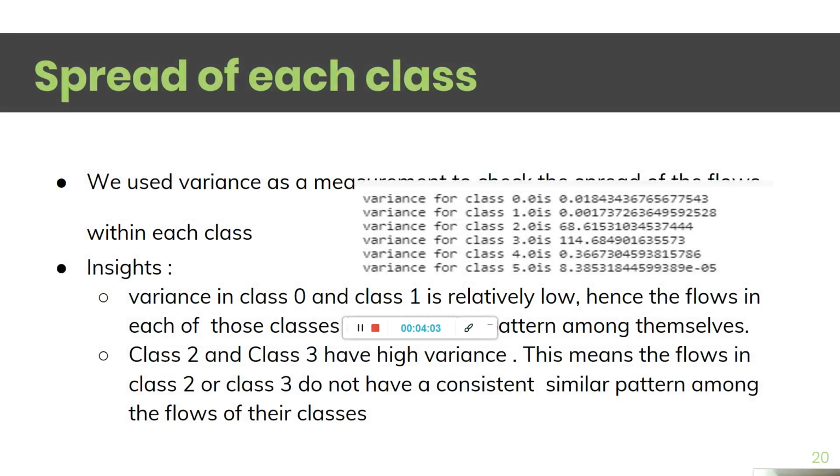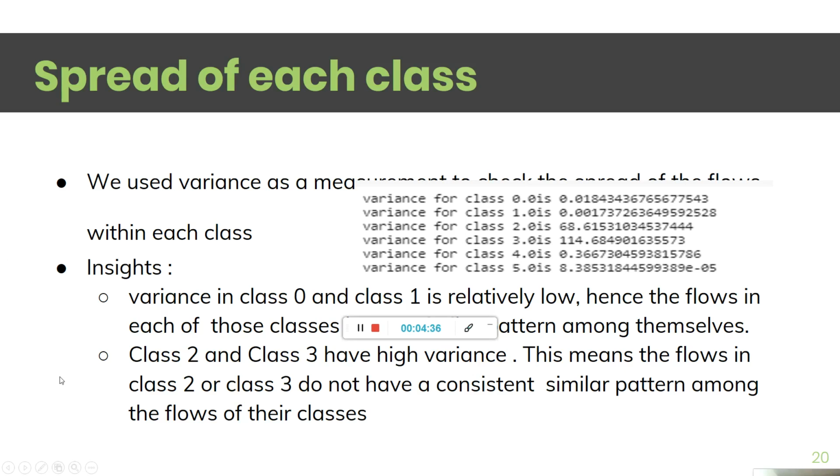So we move further into quantifying this interflow correlation between flows of the same class and flows of different classes, and in doing so we calculate the variance of the flows within the same class. We can see that the variance in class 0 and class 1 is relatively low, so the flows of those classes are similar.